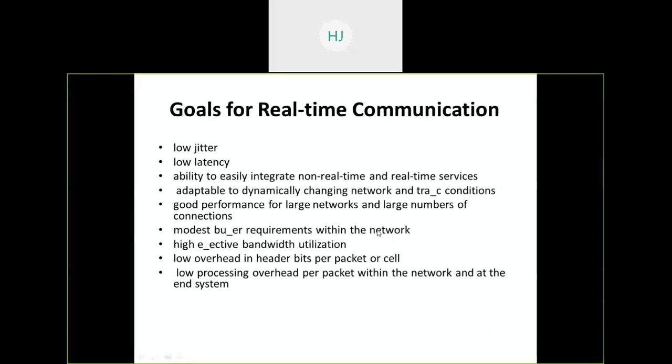The following are some desirable properties of real-time communications: low jitter, low latency, ability to easily integrate non-real-time and real-time services, adaptability to dynamically changing network and traffic conditions, good performance for large networks and a large number of connections, modest buffers required within the network, high effective bandwidth utilization, low overhead in header bits per packet or cell, and low processing overhead per packet within the network and at the end systems.